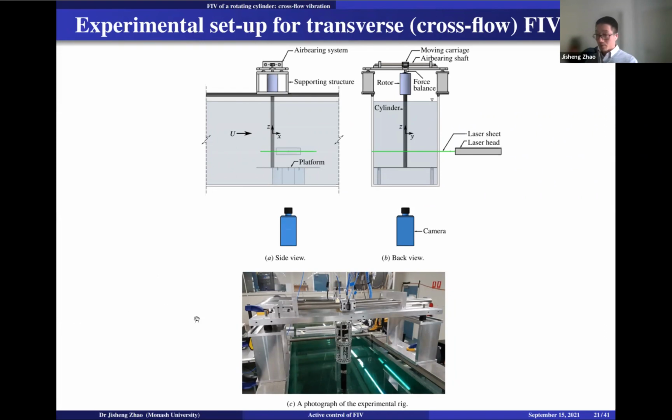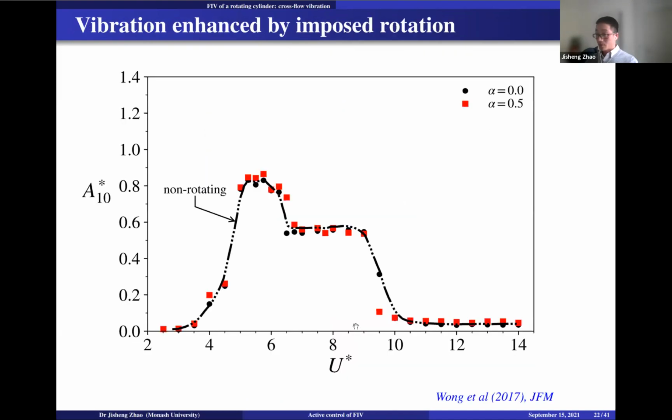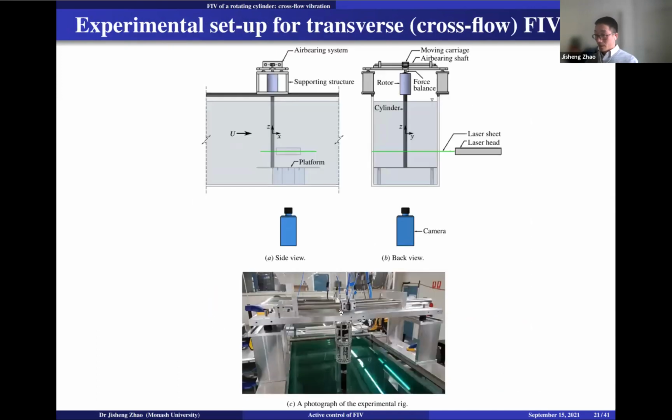Can I zoom in a bit? Whoops, sorry, I want to go back. This is the air rig that I use. You can see this is the slider. This block sits on the two shafts. We supply compressed air.